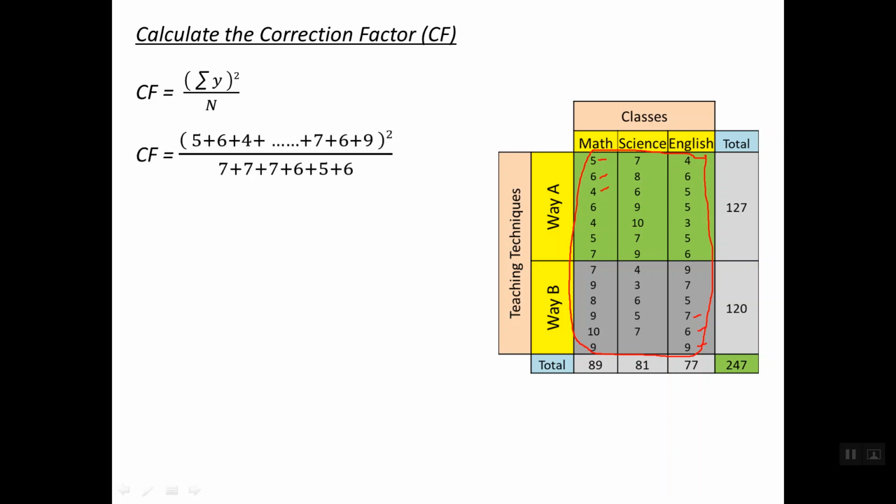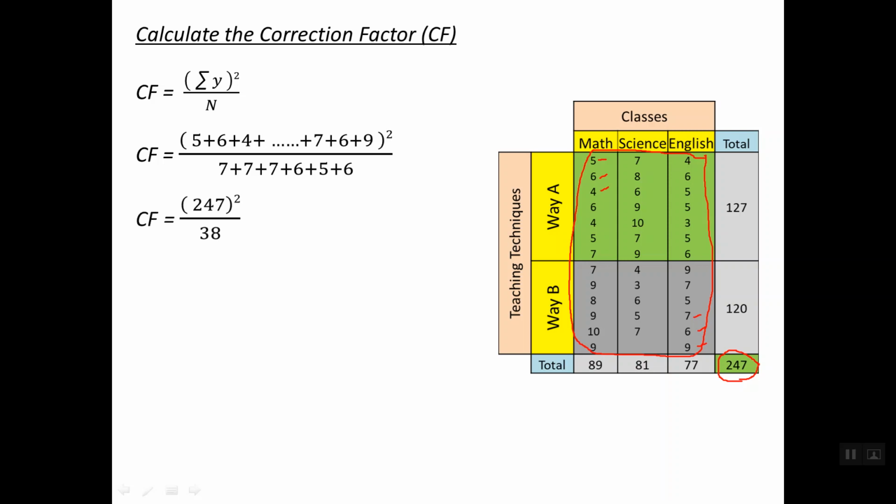So we can substitute in the formula of the correction factor. We have here 38 observations. We make the summation, square it and divide it by the total number of observations. As you notice here, the total of the scores has been calculated.